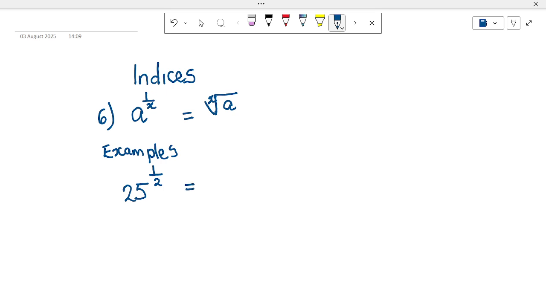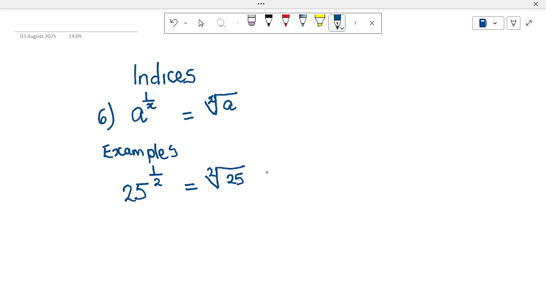Following that law, that is the square root of 25. That's what it means. The square root of 25.